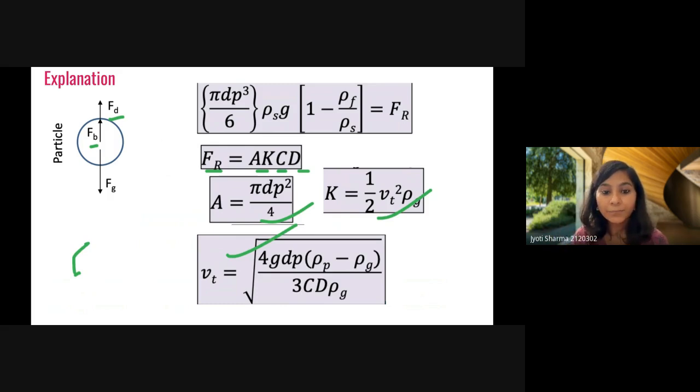So what is this? This is g, the acceleration due to gravity. We know that this is 9.8. Then we have dp, that is the diameter of your particle. This is the density of your particle, this is the density of the gas, and CD is the drag coefficient, and rho g is the density of your gas.